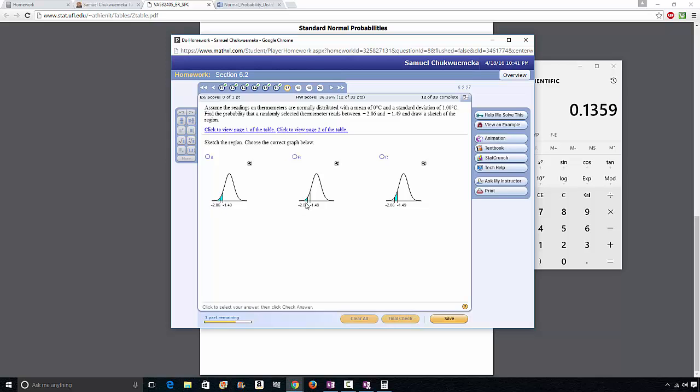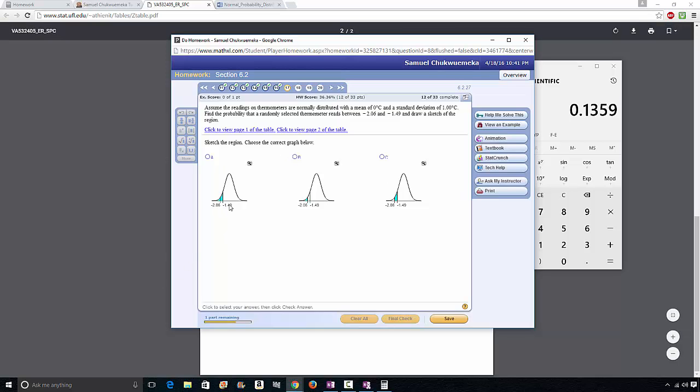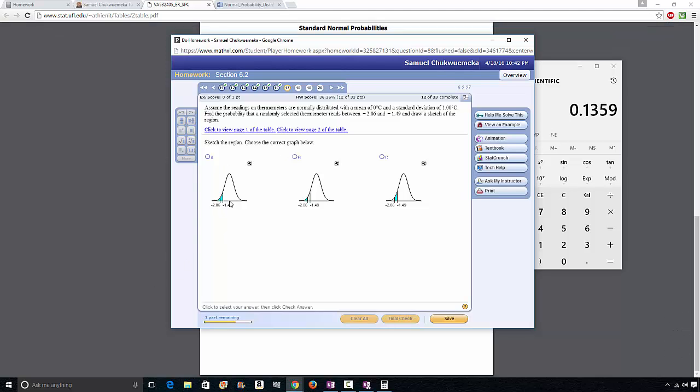This area is less than negative 2.06. So this area is the one in between negative 1.49 and negative 2.06. So you see, this area minus this area will give you this area. Look at it.